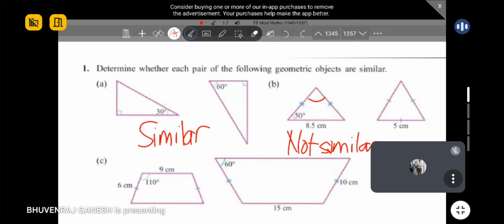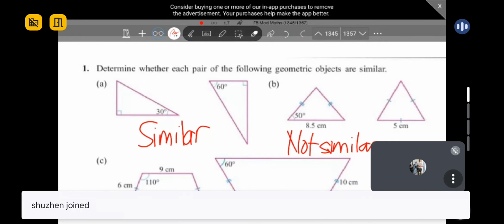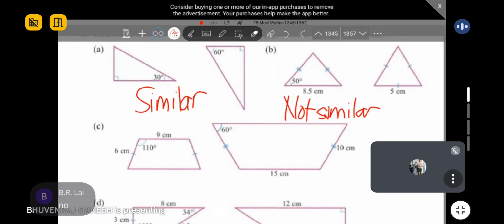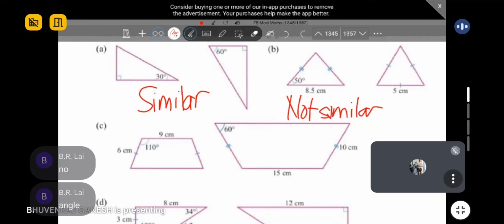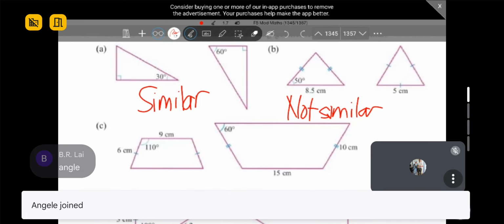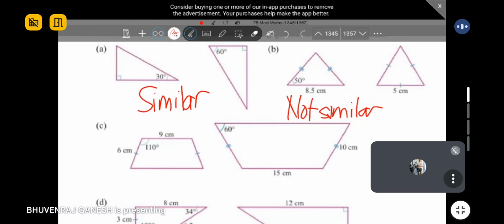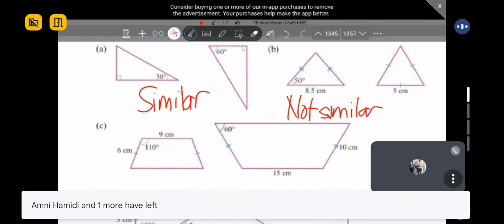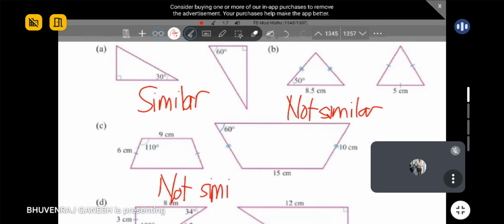Okay? So part C, can anyone try? Are they similar? Adakah mereka serupa? Okay, very good. Okay, this one also not similar. Tidak serupa. Okay, so this one you can compare the length. Kamu boleh bandingkan panjang. Okay guys, so how do I compare the length here?